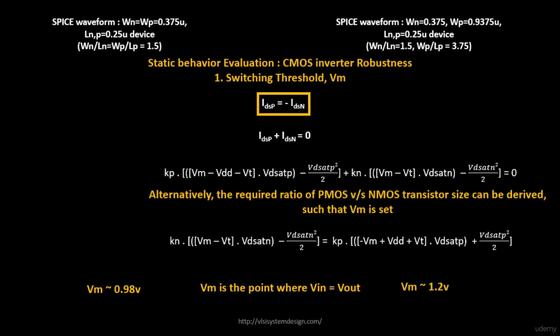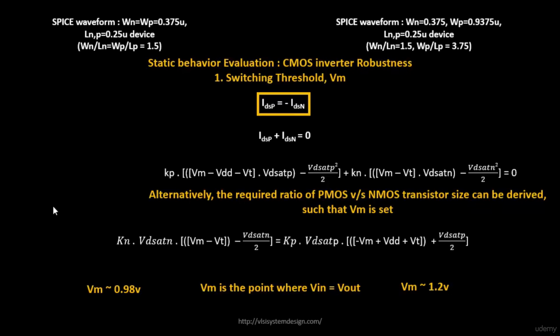From the previous equation, you see that VDSATN is common in this expression and VDSATP is common in this expression. You take these outside and see what you get: Kn VDSATN with this bunch of terms, and Kp VDSATP with this set of expressions. We'll juggle these around as well.